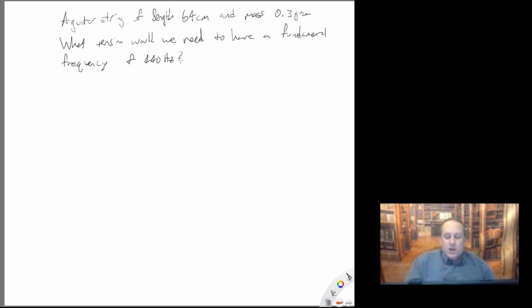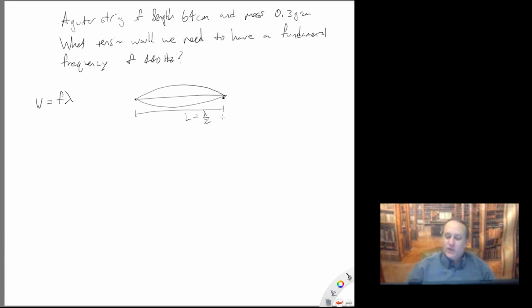Okay, so we know that the velocity equals the frequency times the wavelength. And if we have a guitar with a fundamental frequency, then the length of the string is really just half of the wavelength.